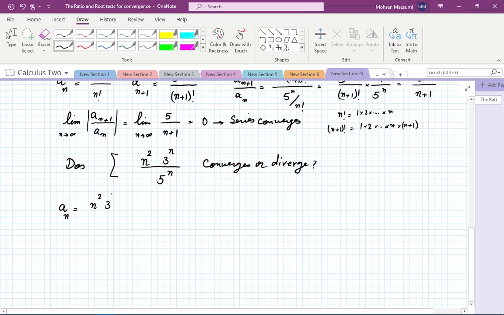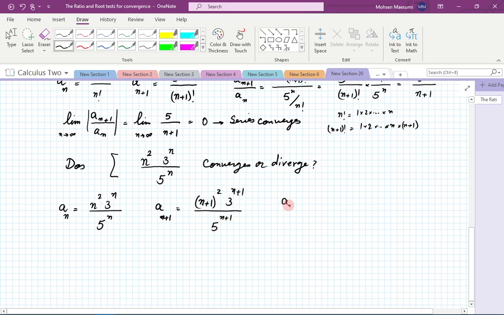So what we write is the n-th term, and the next one, so that's going to be (n plus 1) squared times 3 to the power of n plus 1 over 5 to the power of n plus 1.